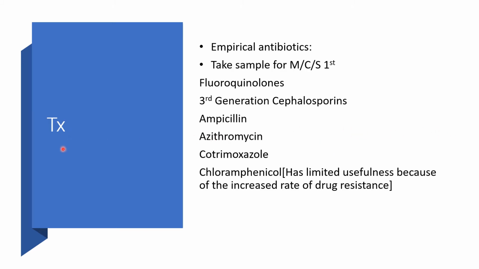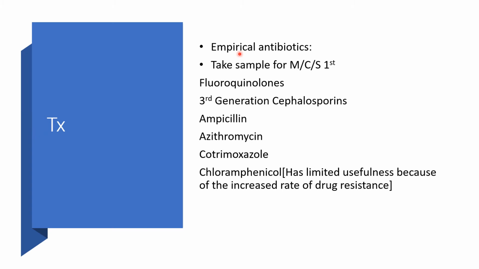Now the treatment. The treatment of typhoid will be mainly empirical in so many parts of the world where laboratory and detailed investigations could not be done. In endemic zones with poverty, remember, while going to the epidemiology, poverty will be the major factor that will lead to this problem in the initial stage.